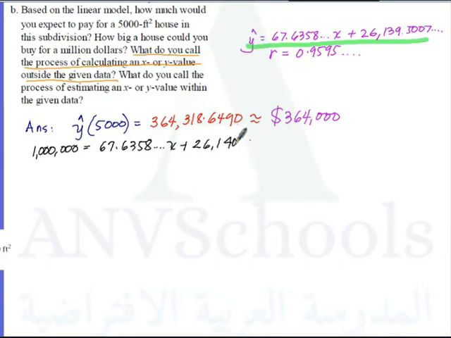We're actually finding for x, or the fit. So adjusting all of the given variables and terms, we will have 1 million minus this, 67 point, or not that one. I overlooked.